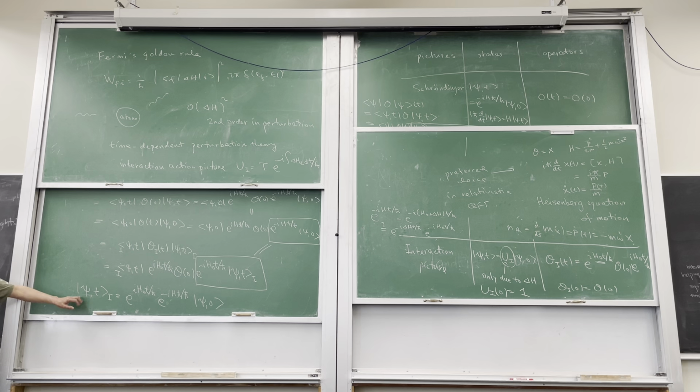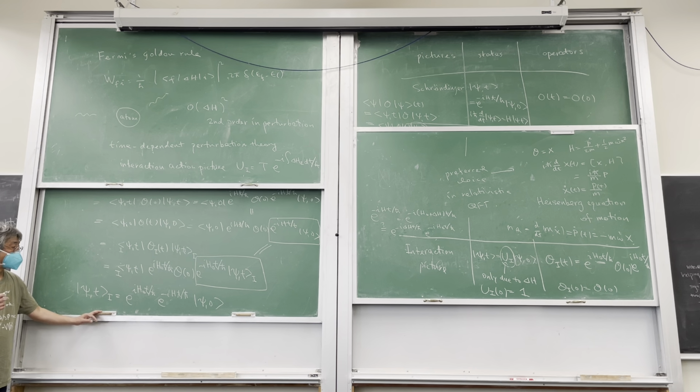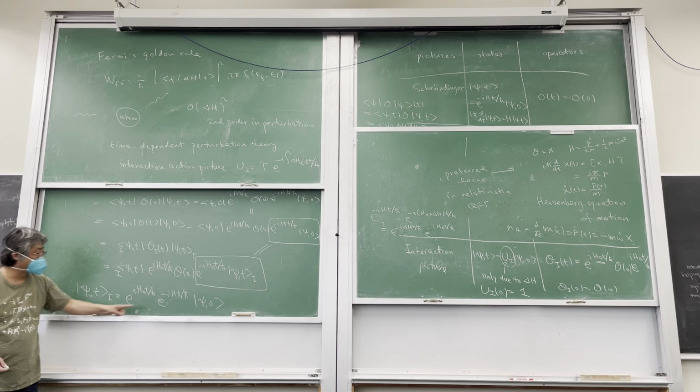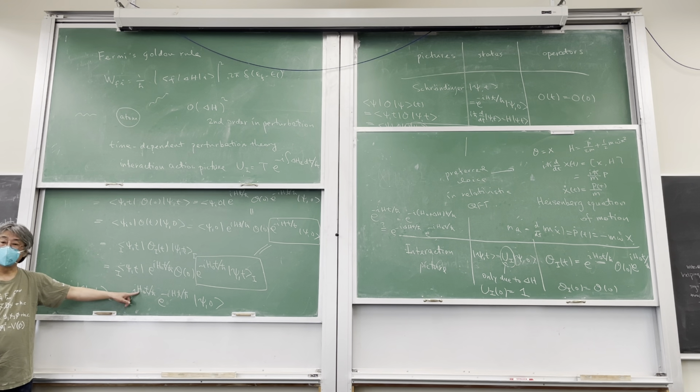So this is a state that does depend on time in the interaction picture, which is related to the state at time 0. And now you have the product of two time evolution operators. The first one depends on the full Hamiltonian. The second one depends only on the zero-order Hamiltonian.